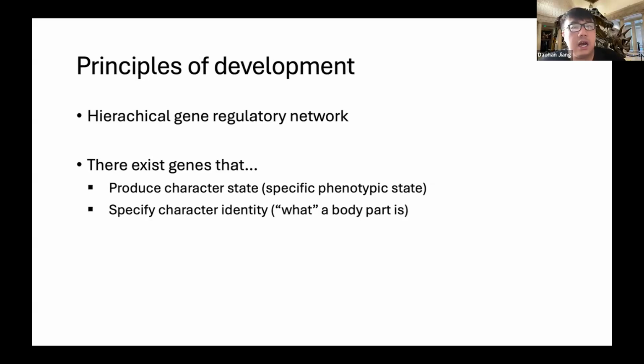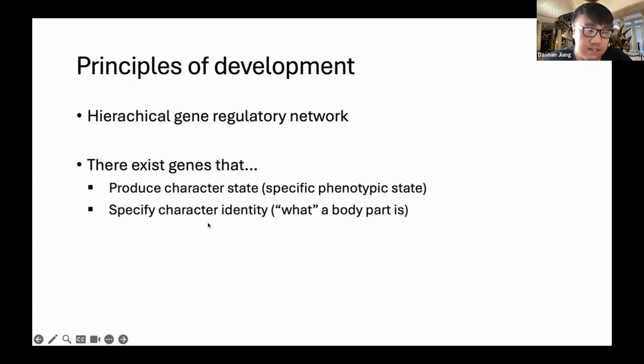At this point, the studies in developmental biology have unveiled some principles of their development. Importantly, there exists a hierarchical gene regulatory network regulating their developmental processes. So there exists a gene that produces a character state, which is a specific phenotype we see.